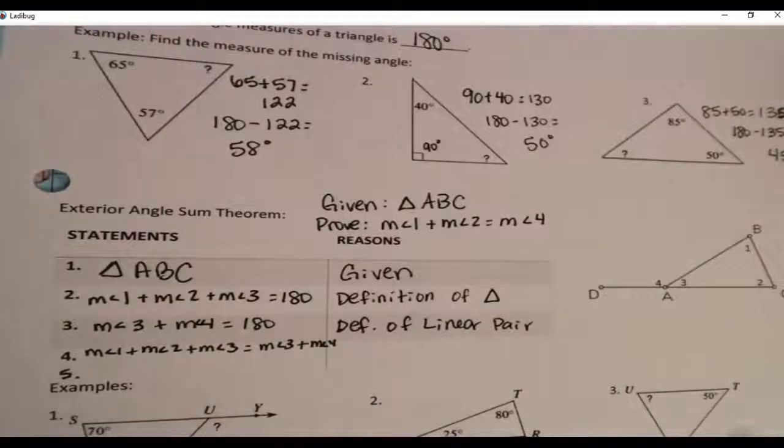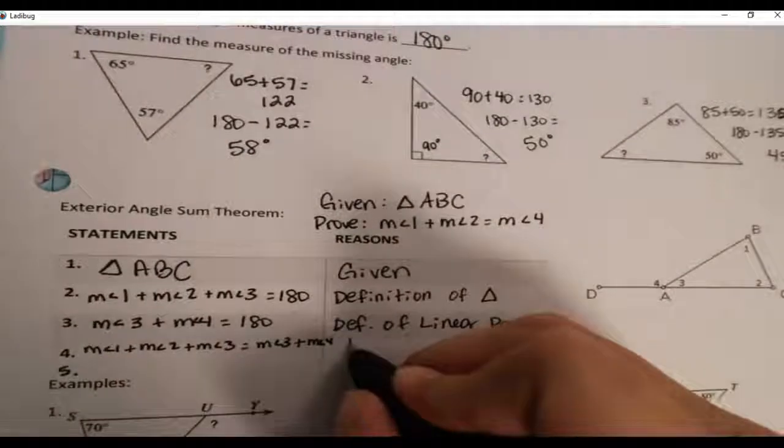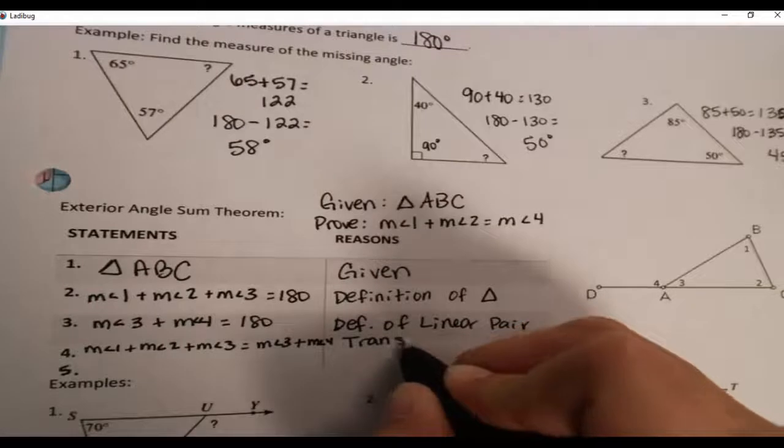And this was on our paper the very first day, but we didn't end up using it. But that's called the transitive property. So if you have two things that equal the same thing, you can assume that they equal each other. And that's called transitive property.